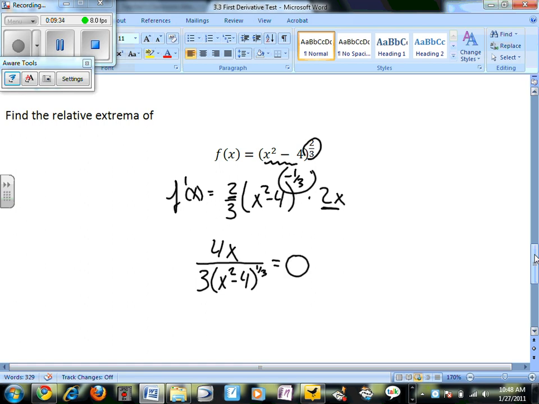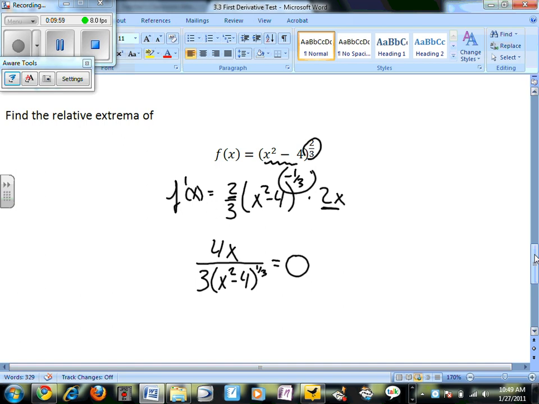When we find our critical points, we're looking at what's going to make the function 0, and what also is going to make the function undefined. So basically we set the top equal to 0 and the bottom equal to 0. If the bottom equals 0, that's going to make the function undefined. If the top equals 0, it doesn't matter what the bottom is, 0 divided by whatever is going to be 0.